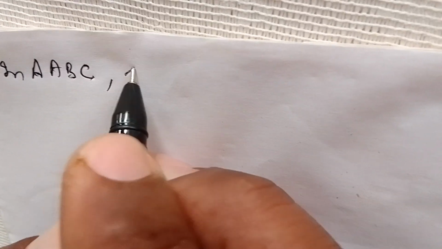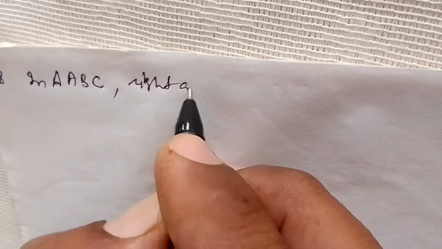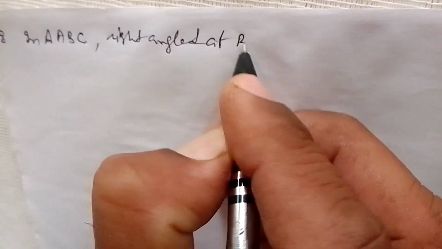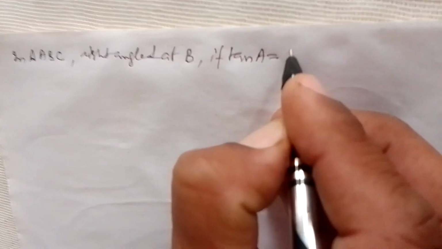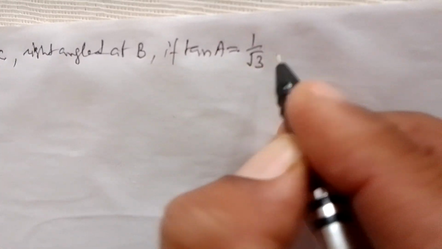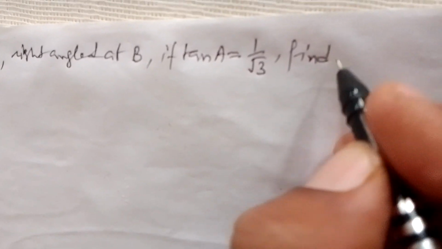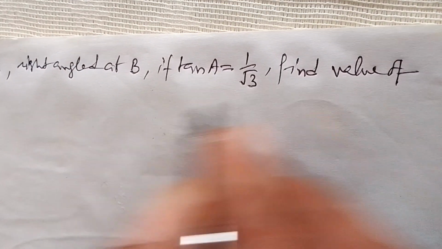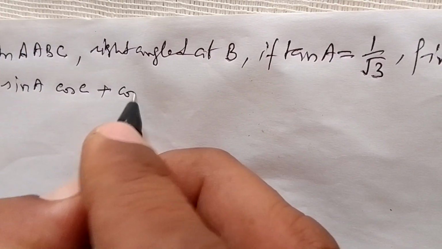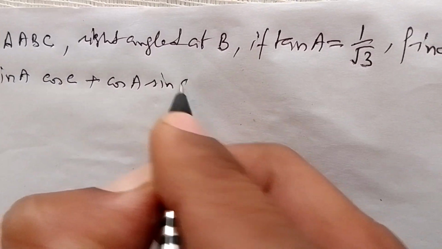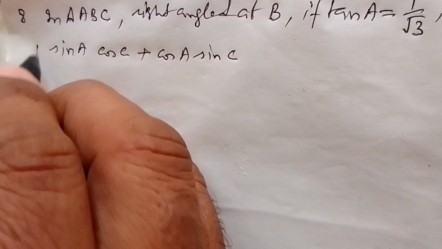Now the question number 8 of exercise 8.1, in triangle ABC, right angled at B, if tan A is equal to 1 by root 3, find the value of sin A cos C plus cos A sin C. This is the first part.